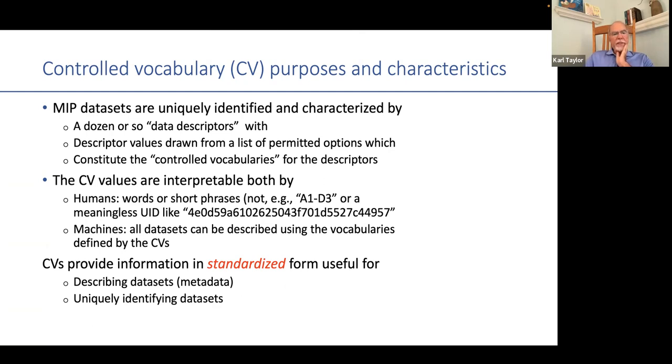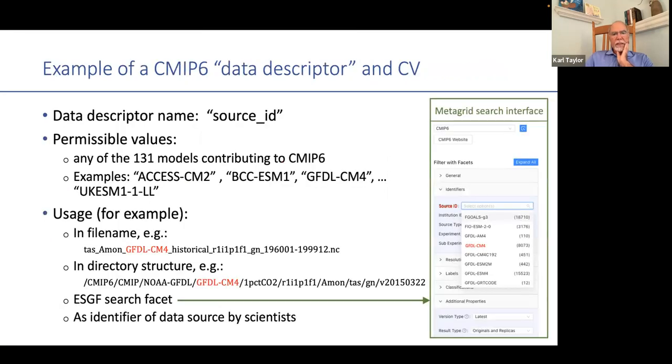CVs provide information in standardized form. That's the whole purpose. And they can be used, as I said, to describe data sets. And in particular, some of them in CMIP6 are used to uniquely identify data sets.